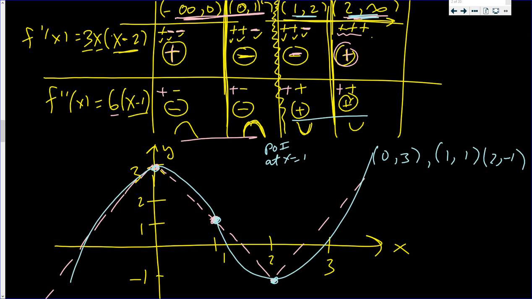Now the concavity changed right there at 1. To the left it was concave down, to the right is concave up. But that's exactly what we said we would get. Okay, we're not going to bother to find the x-intercepts. But finding the y-intercept is easy. Just plug in 0.